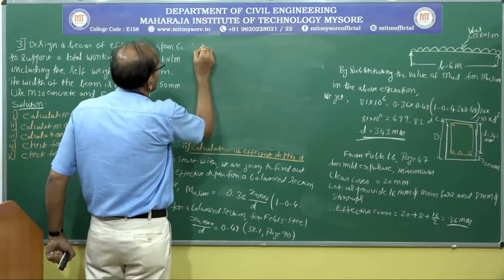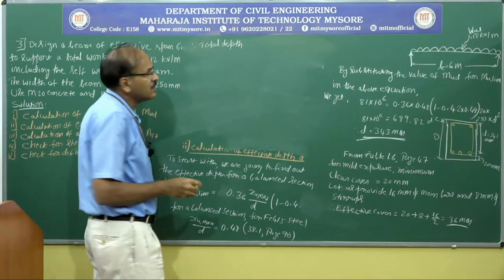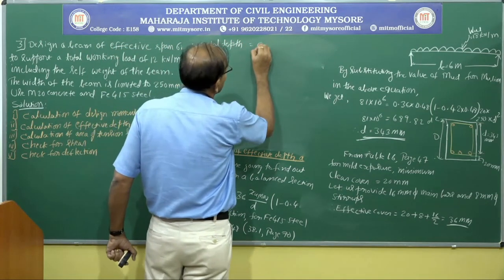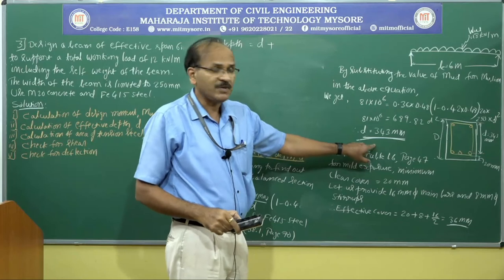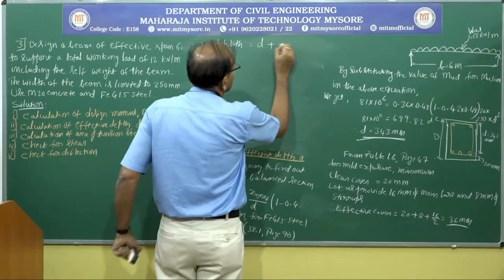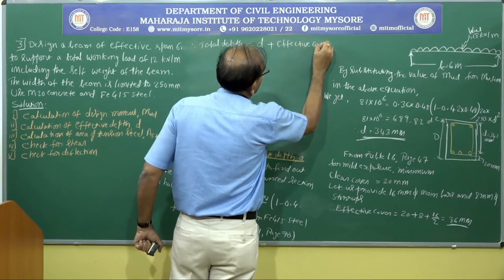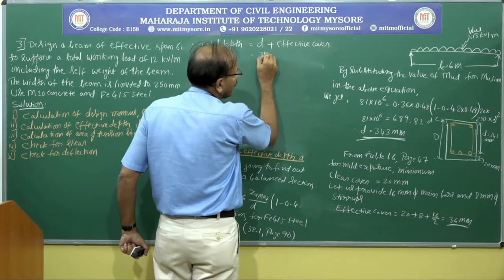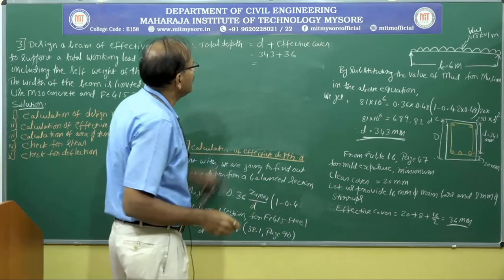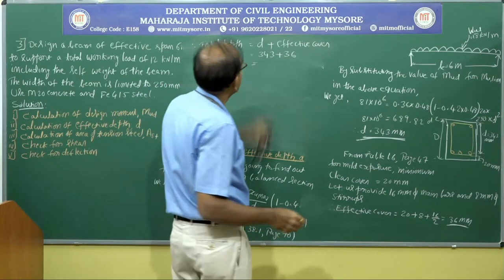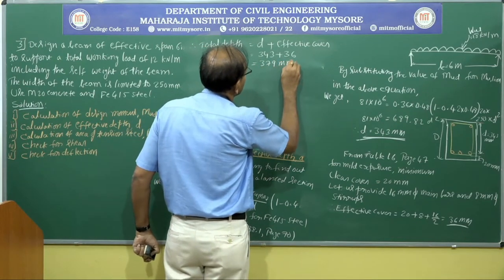Therefore, total depth equal to small d, that is the minimum effective depth required, plus the effective cover, that is equal to 343 plus 36, that is equal to 379 millimeter.